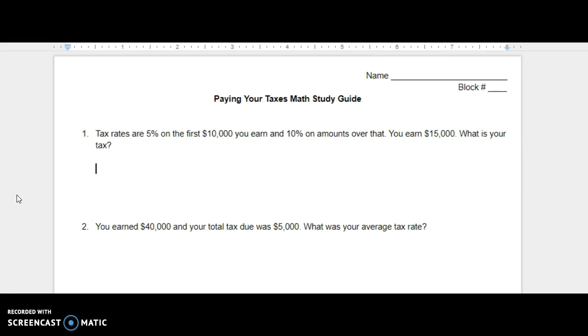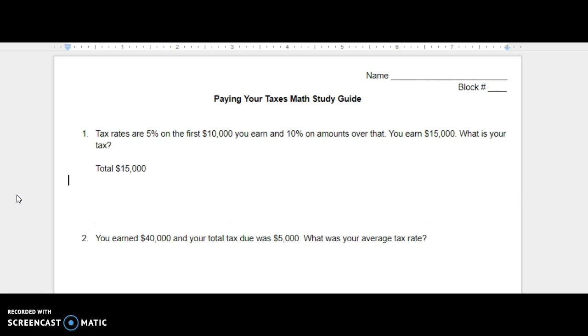Number 1 says tax rates are 5% on the first $10,000 you earn and 10% on amounts over that. You earn $15,000. What is your tax? So you actually have taxes in two different brackets here. Your total is $15,000. Your first bracket is your first $10,000 that we need to tax at 5%.